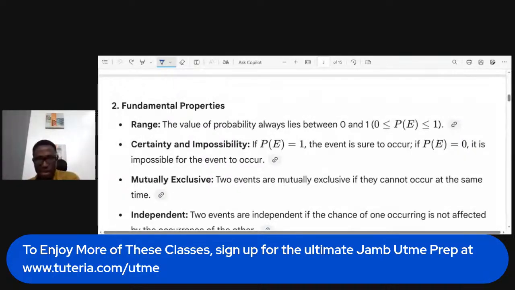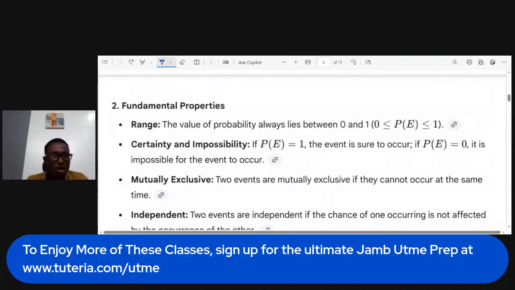Whenever you're doing anything related to probability and you get your answer to be 1.2, just know right away that you are wrong. Probability cannot be more than 1 and cannot be less than 0. The value of your probability will always be between 0 and 1.